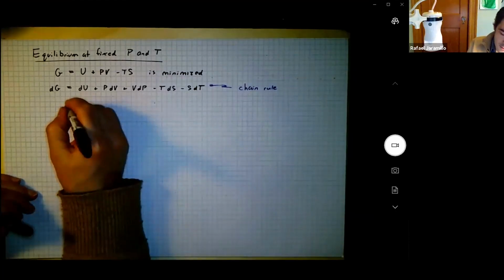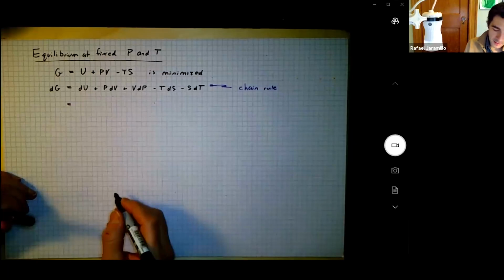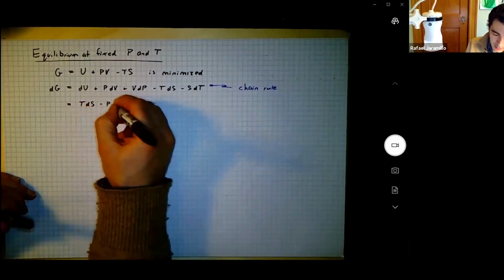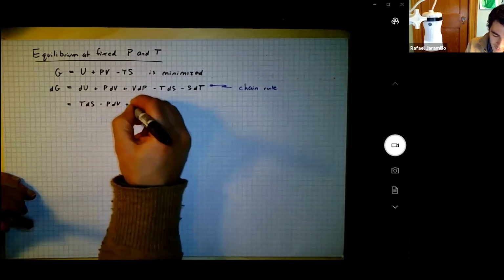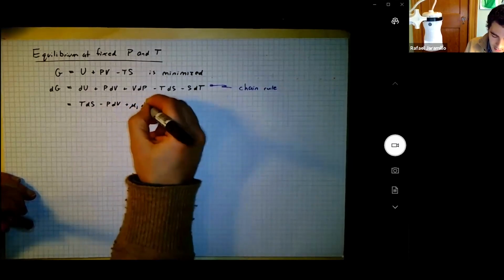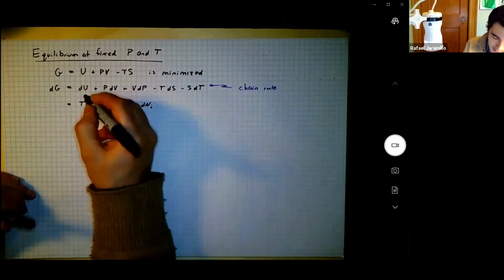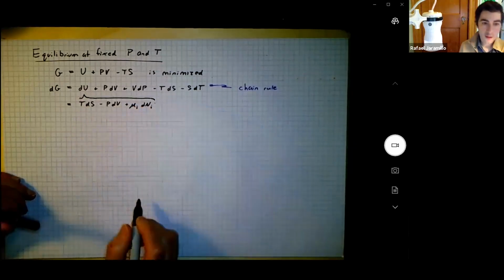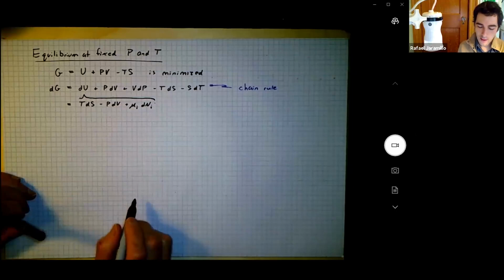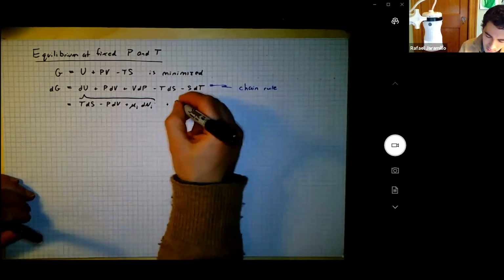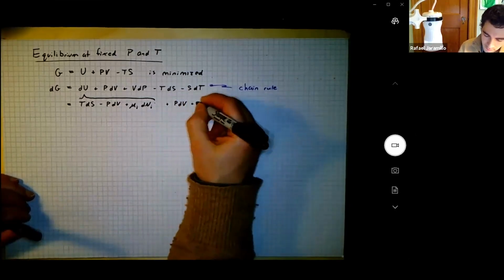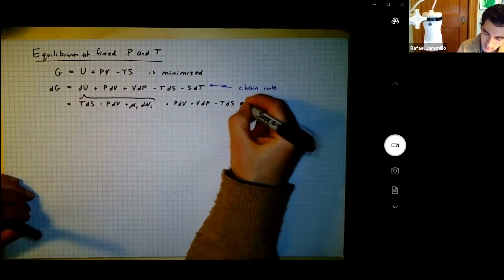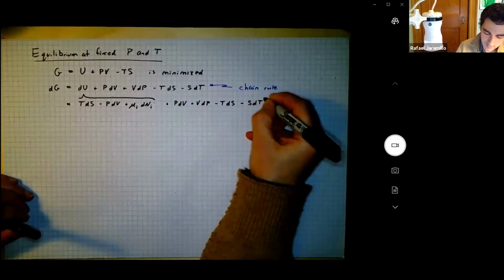And now I can use the combined statement, dU equals T dS minus P dV plus mu_i dN_i. That is all dU, and I carry the rest of the terms: plus P dV plus V dP minus T dS minus S dT.